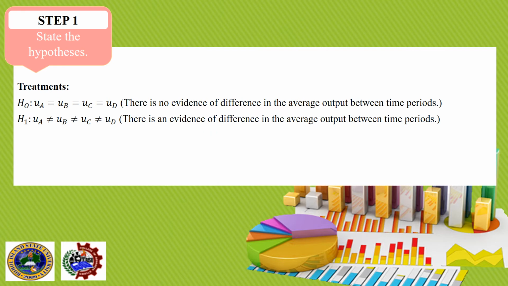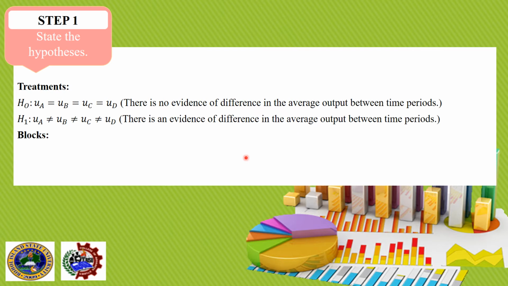Our alternative hypothesis will be this one: mu sub A is not equal to mu sub B, not equal to mu sub C, and not equal to mu sub D. Or there is an evidence of difference in the average output between the time periods.